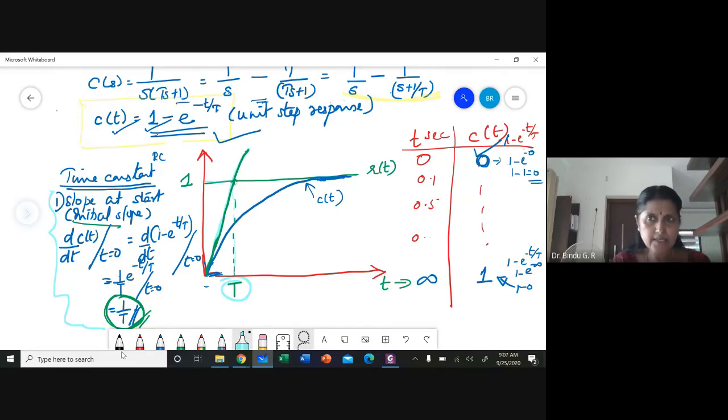Had it maintained its original slope of increase. I hope that is clear.